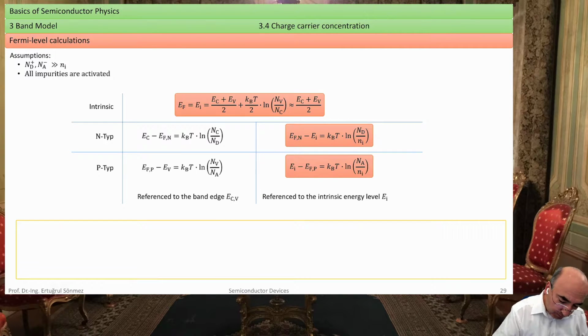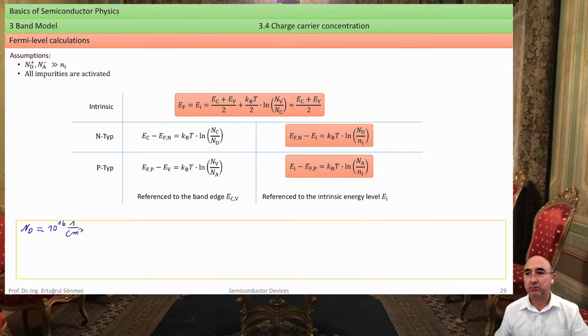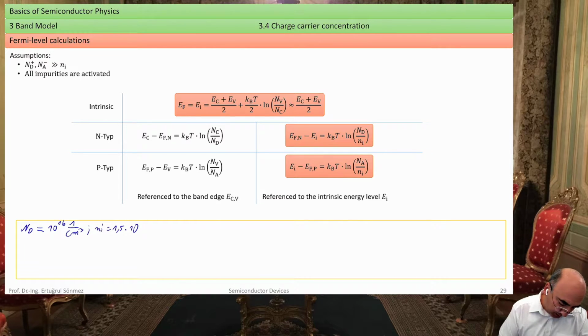Okay? Let's take an example. So ND should be 10 to the power of 16 per cubic centimeter. Okay. Then the intrinsic carrier concentration should be 1.5 times 10 to the power of 10 per cubic centimeter. Okay. Now, we have a donator, so we have an N-type semiconductor.